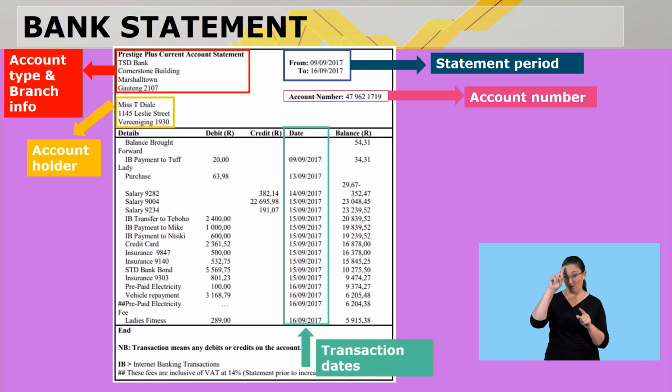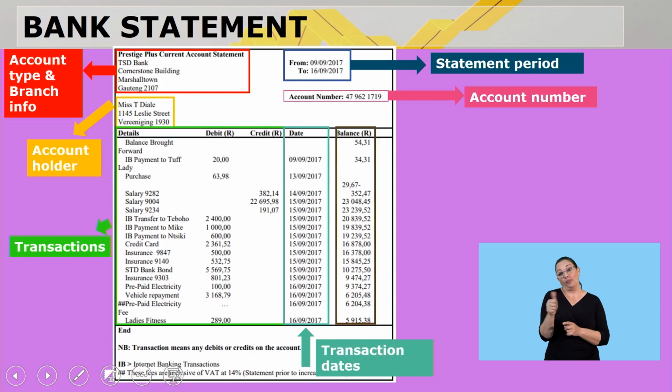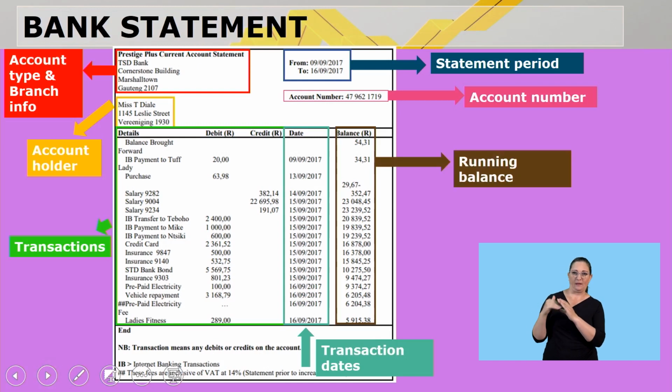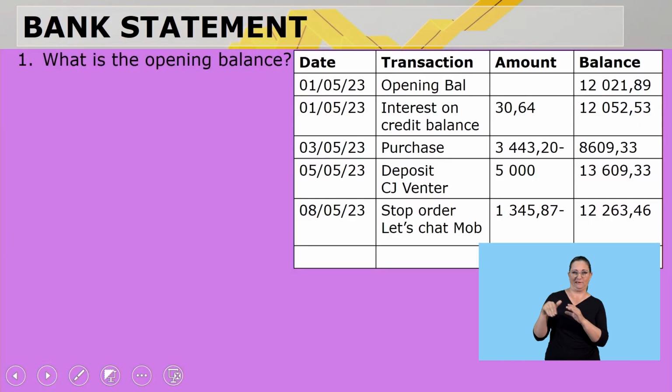Please remember, it's not all the dates in the month, it's only the dates that there were some transactions. Then the details of the transactions, the money that came in and out, and a running balance so that you know exactly what is in your bank account.